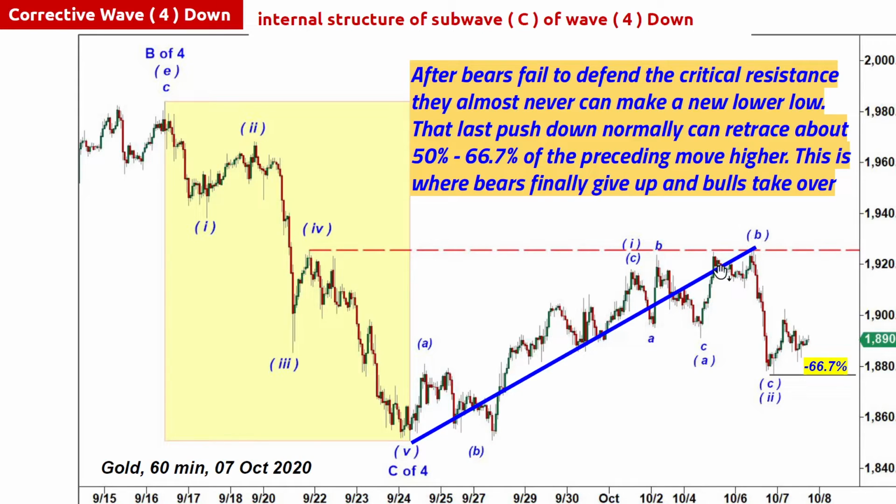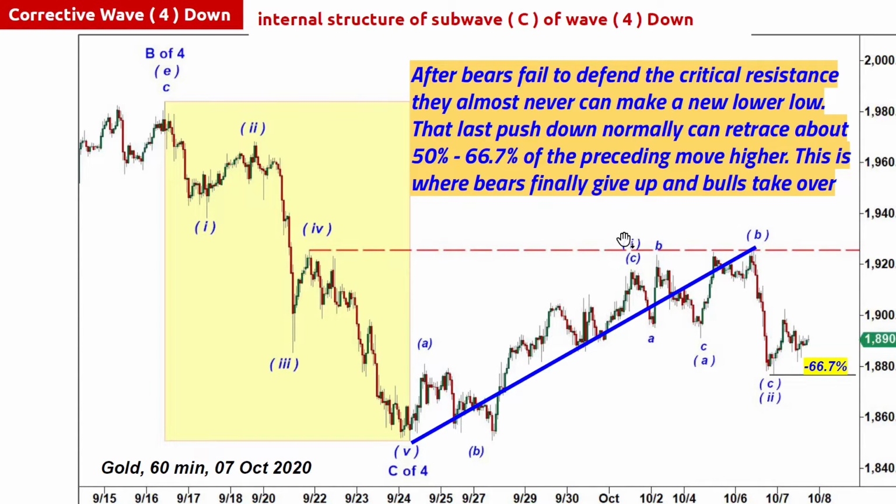The bullish count, which is shown on the chart, considered wave 4 down bottomed here, followed by ABC up of wave 1, and then ABC down, which was subwave A, subwave B, and subwave C of wave 2. I keep telling you that sometimes subwave B in a corrective ABC structure manages to make a higher high over the top of the preceding impulsive move up, wave 1 up.